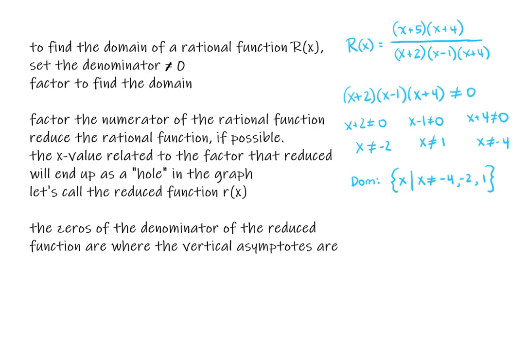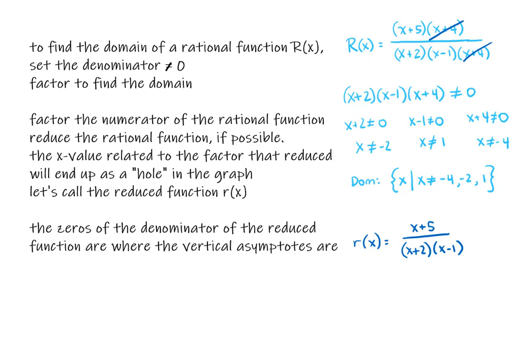However, when I look at the factors of the numerator and the factors of the denominator, it should be evident that I could reduce this fraction. And I could write it as little r of x is x plus 5 over x plus 2 times x minus 1. Now notice I changed the name of the function.